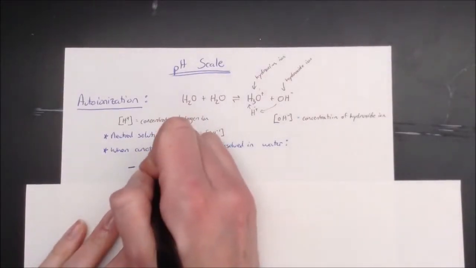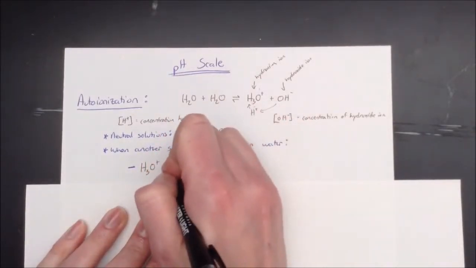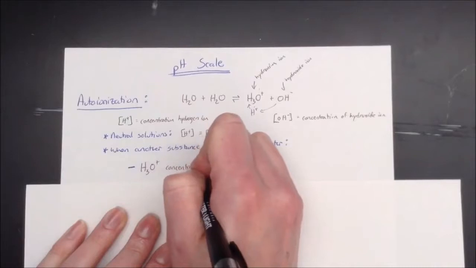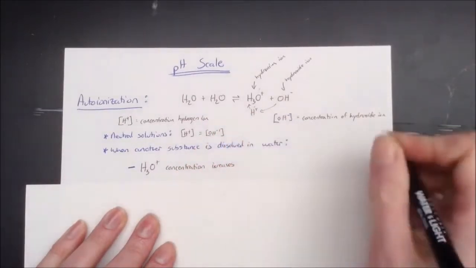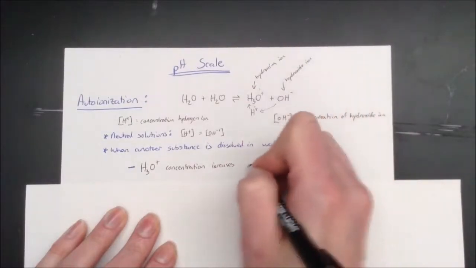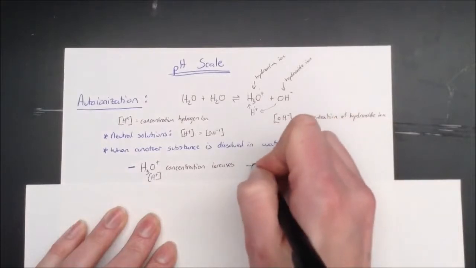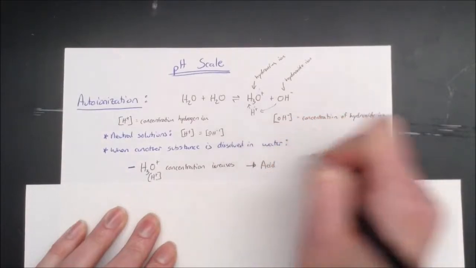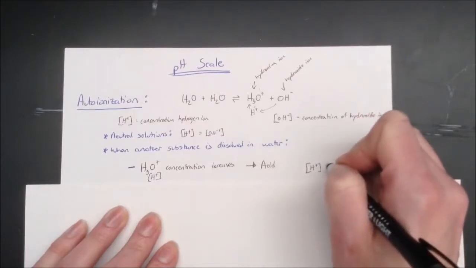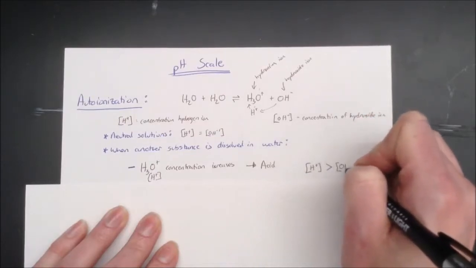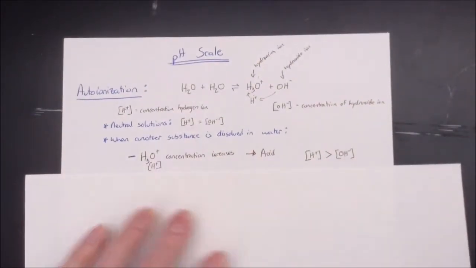If you put something in there and the H3O plus, that hydronium ion, if that concentration increases, and again, we're talking about the H plus ion here, we say that it's an acid. So in an acid, the hydrogen ion, there's more of it than the hydroxide ion. So we write it like that. So that's an acid.